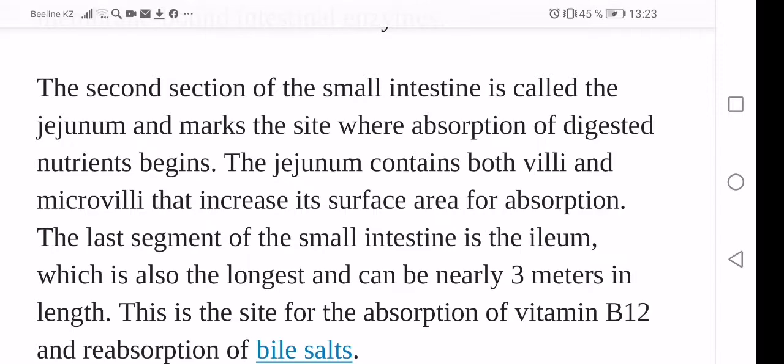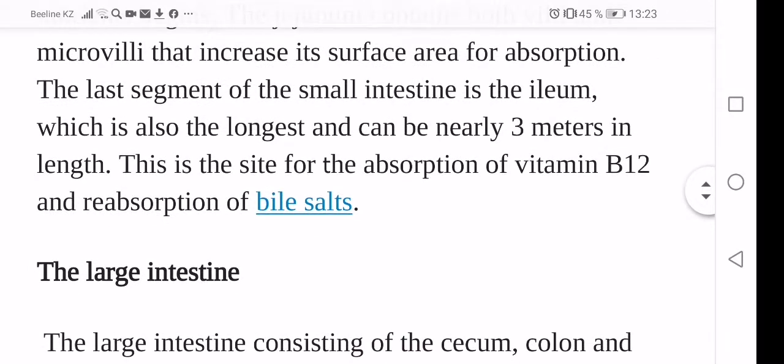The last segment of the small intestine is the ileum, which is also the longest and can be nearly 3 meters in length. This is the site for the absorption of vitamin B12 and reabsorption of bile salts.